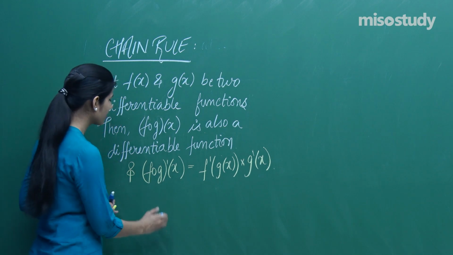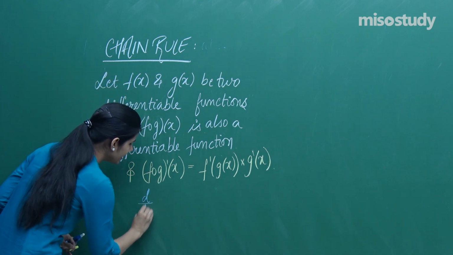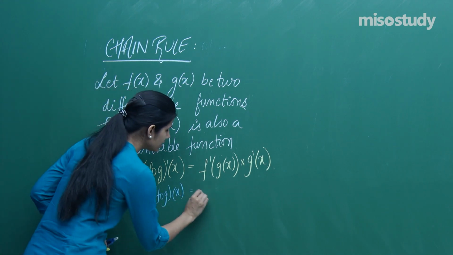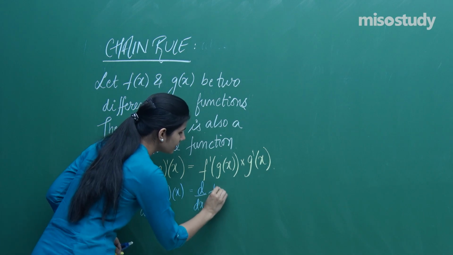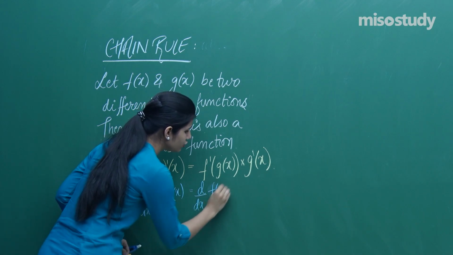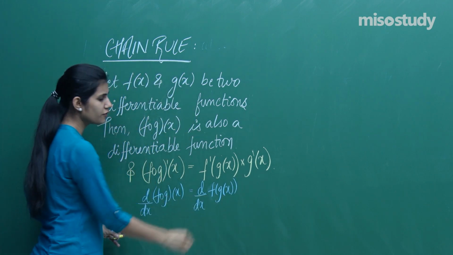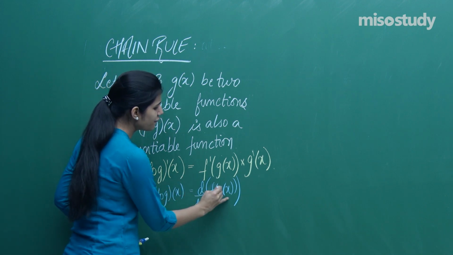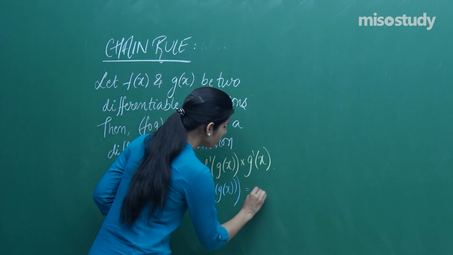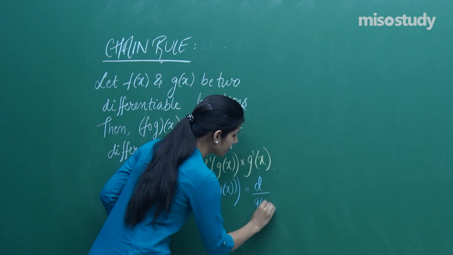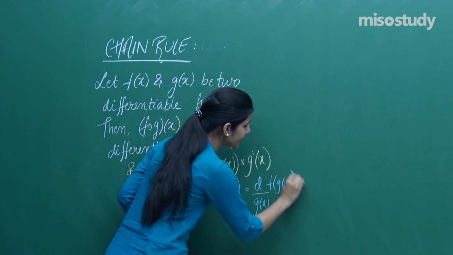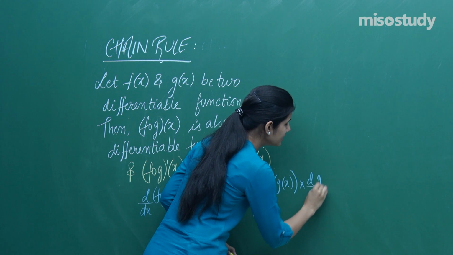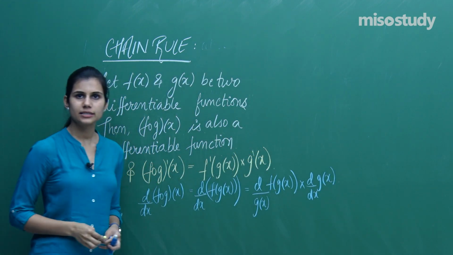This is saying d by dx of (f∘g)(x) is d by dx of f of g of x. This is the definition of (f∘g)(x). What you do is, differentiation of f of g of x with respect to x is equal to differentiation of f of g of x with respect to g of x, into differentiation of g of x with respect to x.